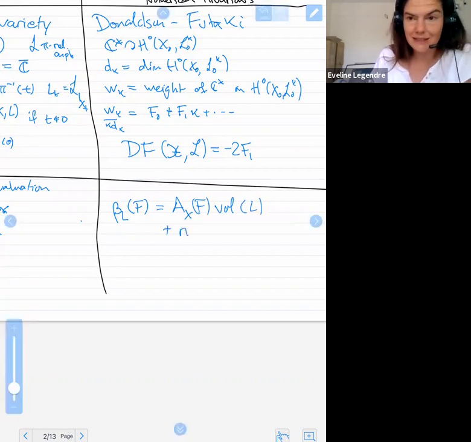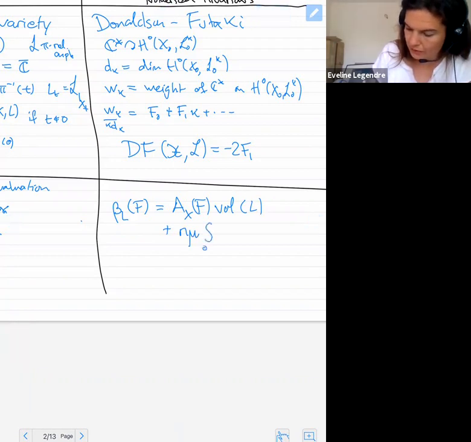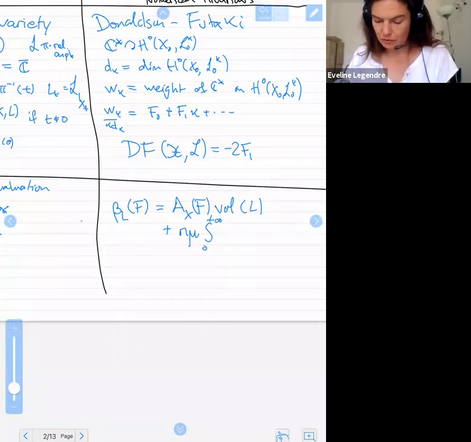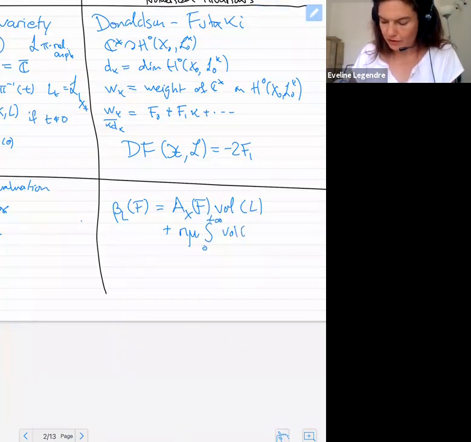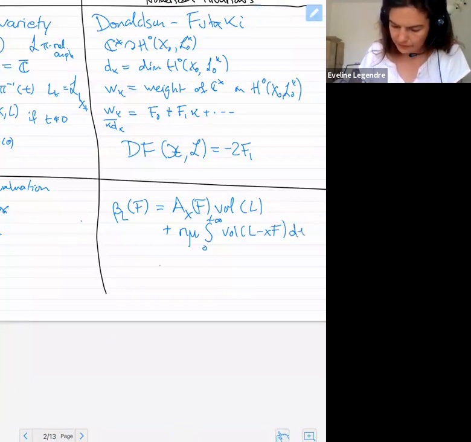N, I didn't say, is the dimension of X, I assume that the variety has, times mu. I will define what mu is very soon. Plus the integral from 0 to plus infinity of the volume of L minus xF dx.